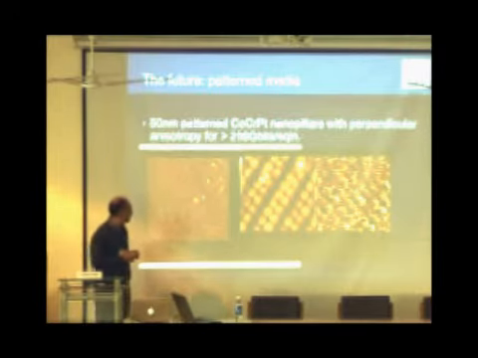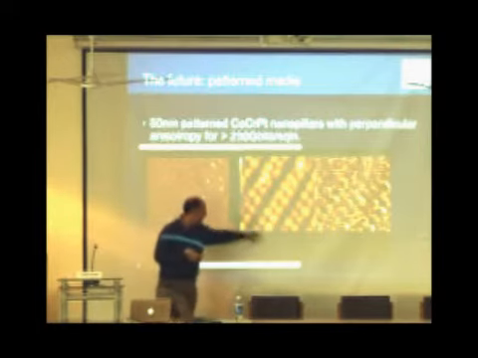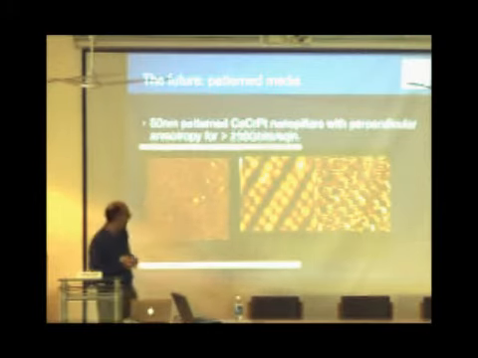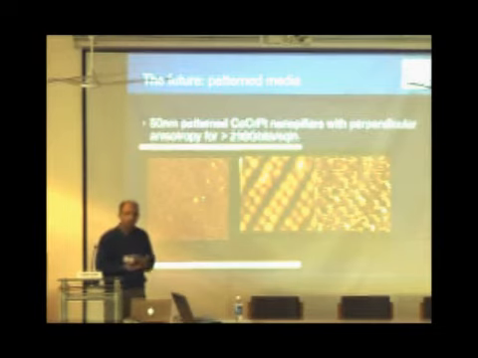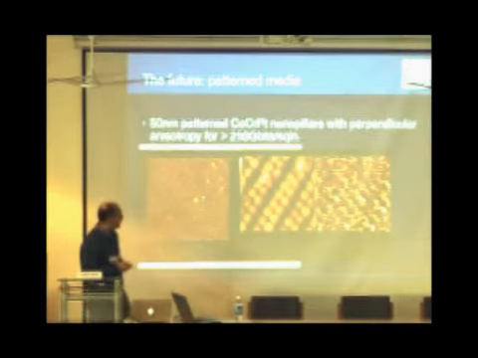The dimensions here are not clear, but this distance is about 50 nanometers, and the height of these pillars is about 150 nanometers. So those are the kind of dimensions where you go down to single domain physics for the switching of the media.